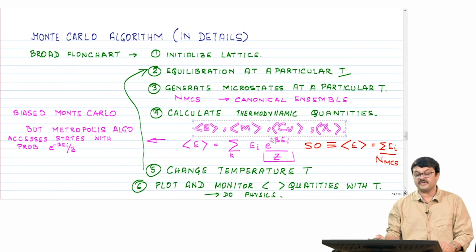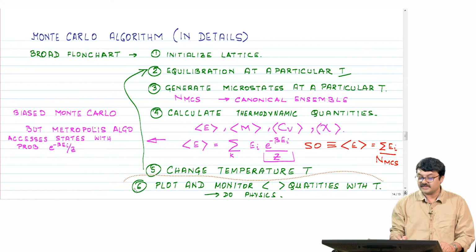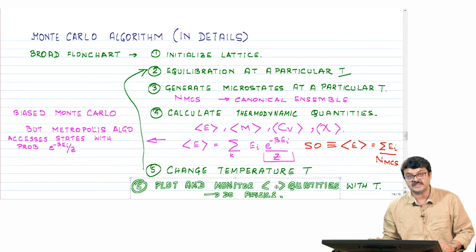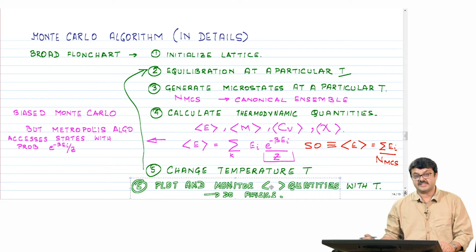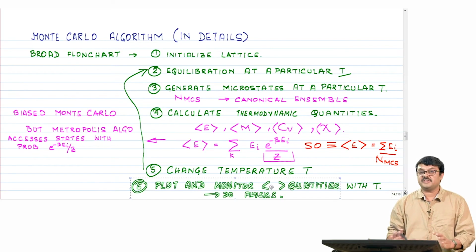You keep on calculating these quantities at different temperatures after suitable equilibration. Then what we do is do the physics: plot and monitor these various average quantities, see how they change with temperature, and extract the physics out of it. So, this is the basic broad flow chart of what we shall be doing, right.